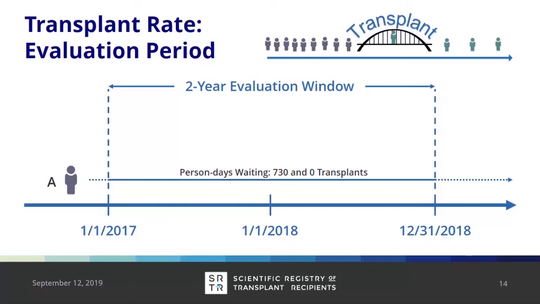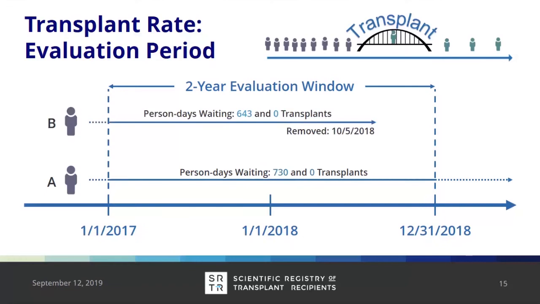So I'll show you a few examples like this, and you can see how the calculation will work at a high level here. So let's consider patient B, also listed prior to the start of the window. So again, we're going to start following this patient on 1/1 of 2017. This person, though, was removed from the list during the window. So I have here that this person was removed on October the 5th of 2018.